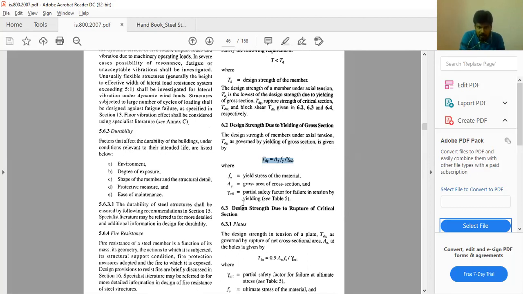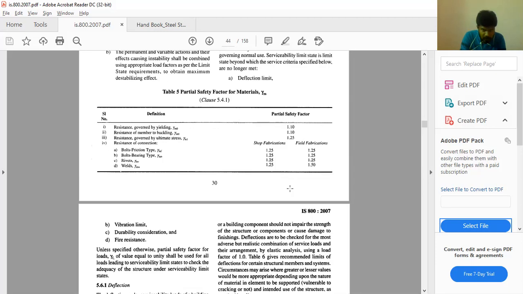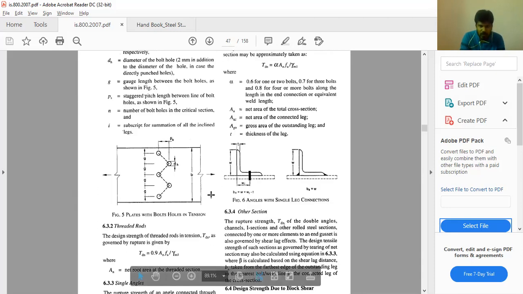Here gamma m naught is the partial safety factor for failure in tension by yielding. See Table 5: gamma m naught for yielding is equal to 1.10. Now we can go for the solution.